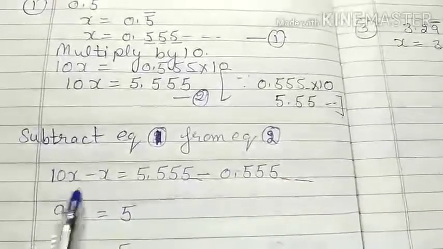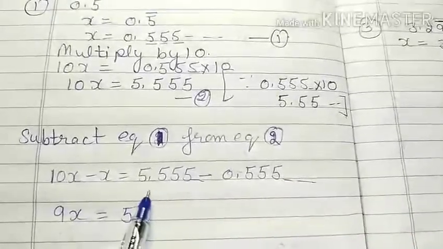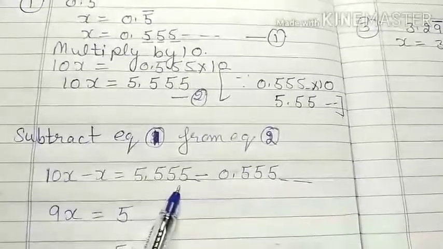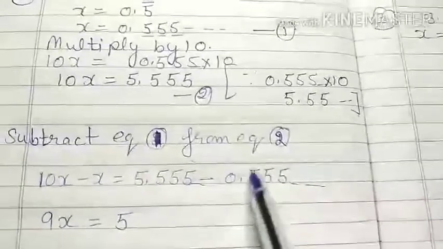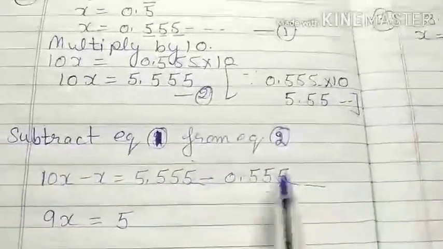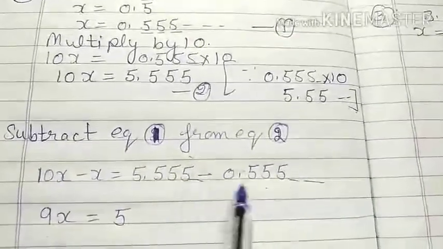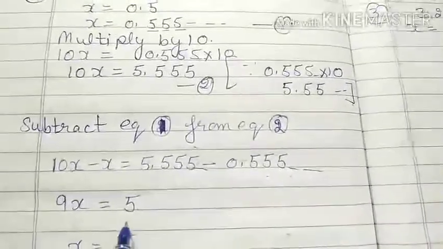When you subtract the same decimal part from the decimal part, it becomes 0, and 5 minus 0 gives 5.